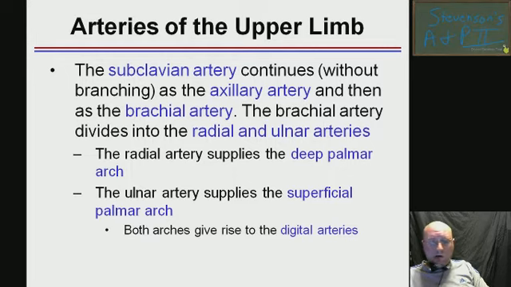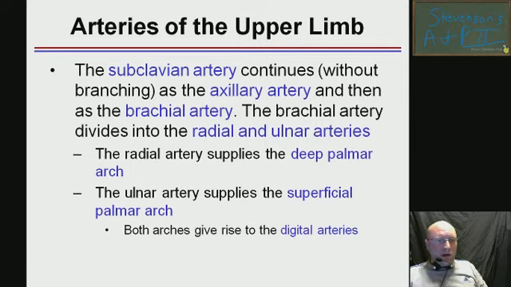Okay, arteries of the upper limb. I know you're going to get a few questions on this. The subclavian artery continues without branching. Subclavian goes outwards to the limbs, and it becomes the axillary artery, and then eventually the brachial artery. Remember, the brachial artery is where you take your blood pressure.